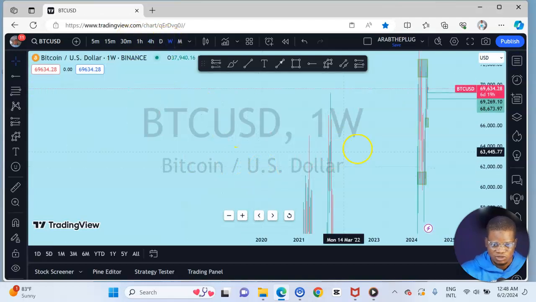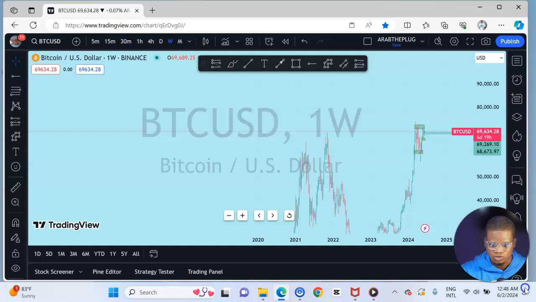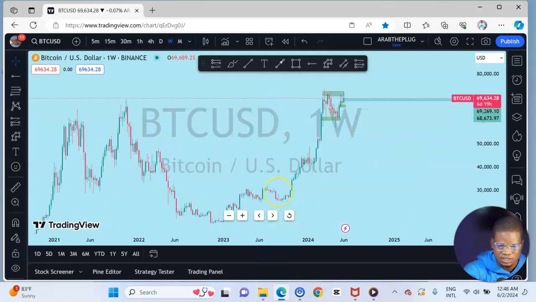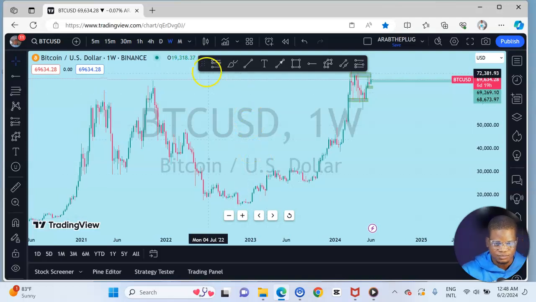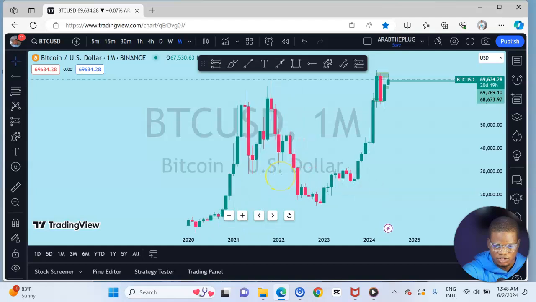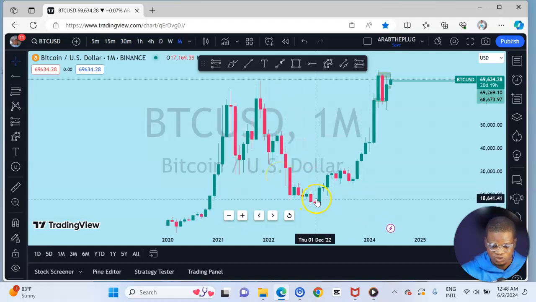So let me quickly scale to the higher time frame on Bitcoin, and let's look at the monthly time frame, and let's see what happened in 2023. So this is January 2023 for Bitcoin, and you can see this movement.